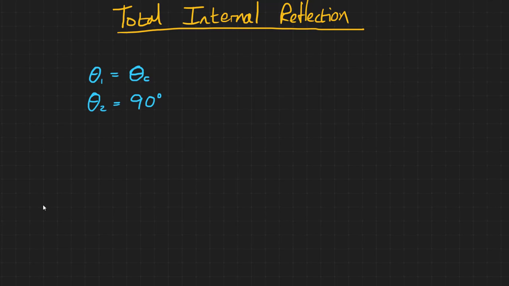So we can substitute these into Snell's law to give us n1 sine θc is equal to n2 sine 90, and sine 90 equals 1, so we can say that sine θc, the sine of the critical angle, is equal to n2 divided by n1.